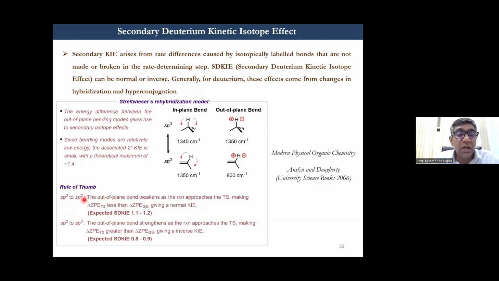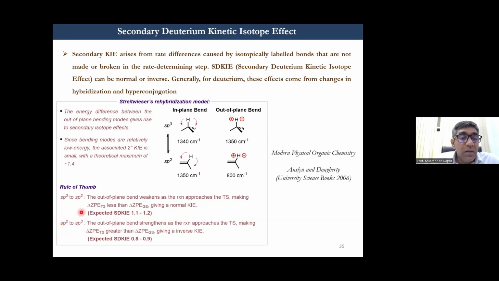So if you're changing the hybridization at that particular position from sp3 to sp2, then the out of plane bending weakens as the reaction approaches the transition state, which makes the change in the zero point energy at the transition state less than the change in zero point energy in the ground state. So this gives you a normal secondary kinetic isotope effect, which is usually of the value of 1.1 to 1.2.